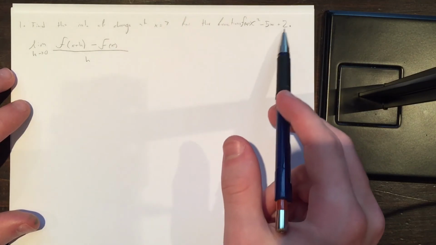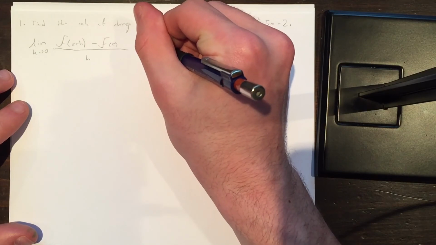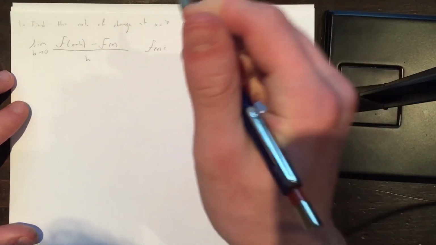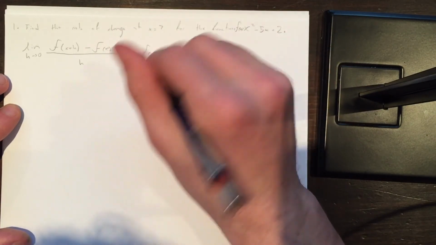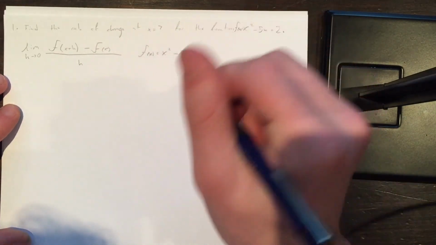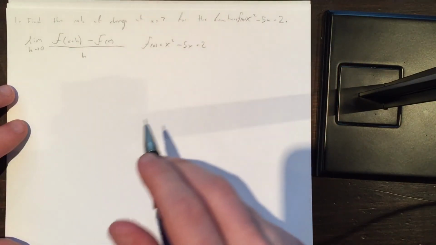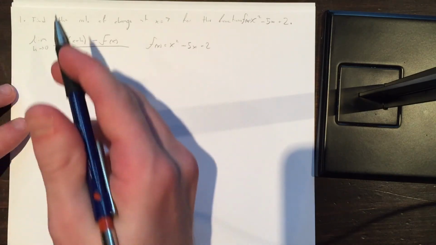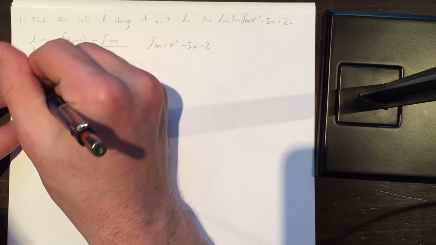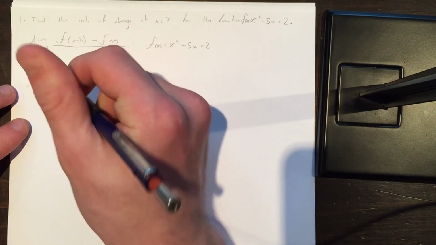Now, I'm going to take this function, the original function, which is f(x) equals x squared minus 5x plus 2, and I'm going to put it into the limit equation. That's going to look something like this. So, equals lim as h approaches 0.